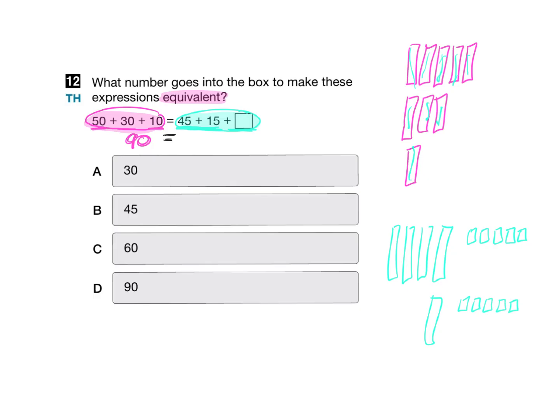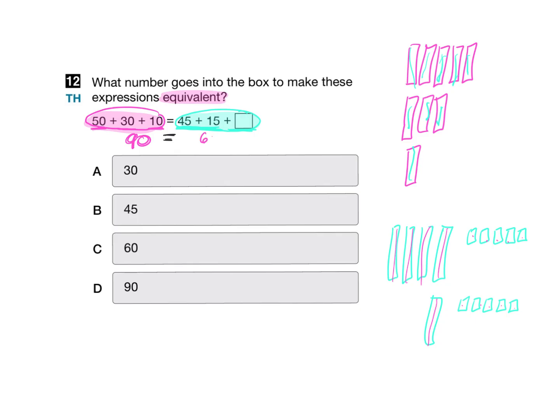So how many do we have altogether? 10, 20, 30, 40, 50, 51, 52, 53, 54, 55, 56, 57, 58, 59, 60.